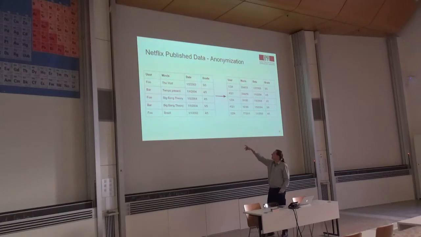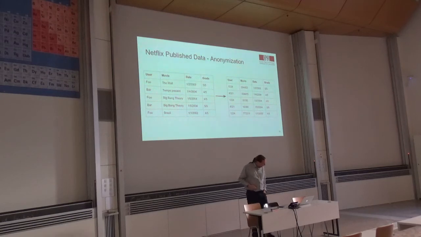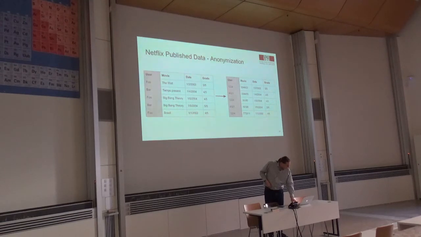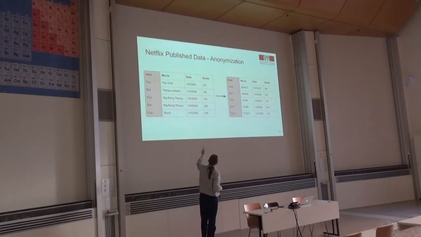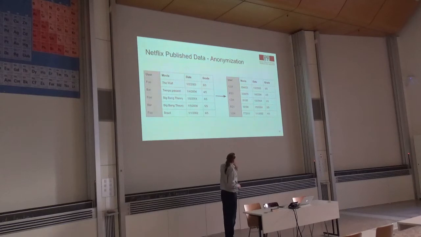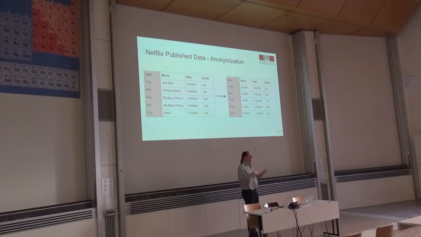So Netflix basically took that and replaced the usernames with random numbers, supposedly scrubbing the private information while consistently replacing each name with the same random number, so that when one user watched several movies, anyone analyzing the data set could tell, this is the same user watching these 5 movies and not just somebody saw this movie at these times.